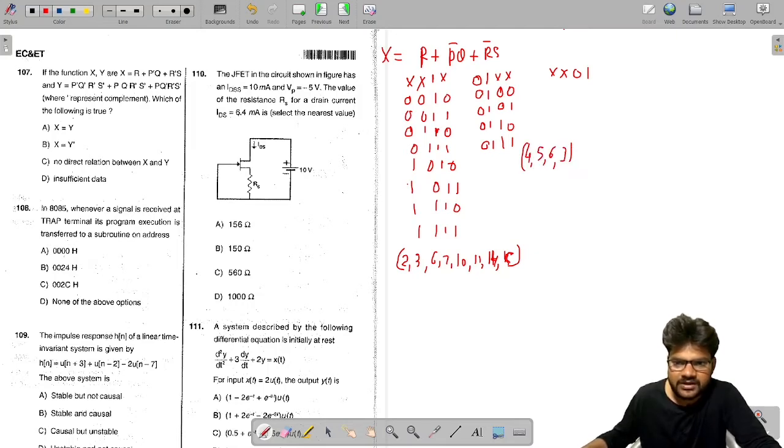Now from this also we have 4 possibilities, 2 don't care, 0 0, 0 1, 1 0, 1 1 and 0 1 is always there. So from this minterms we are getting is 1, 5, 9 and 13.